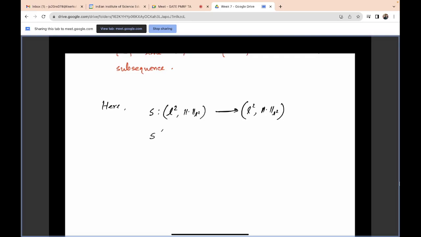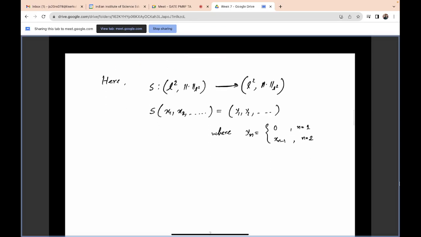So it will take a sequence x1, x2, dot dot dot, and map it to y1, y2, dot dot dot, where yn is 0 if n is 1, and it is basically x n minus 1 if n is at least 2.